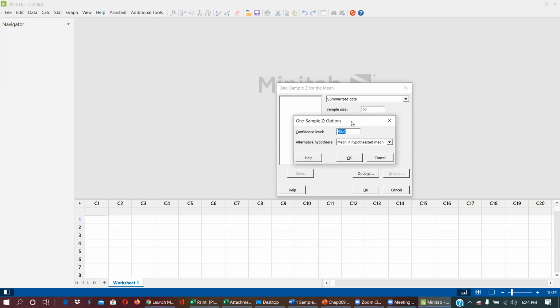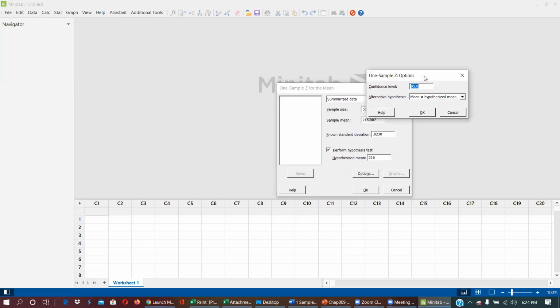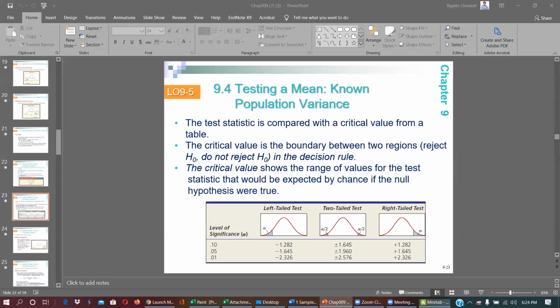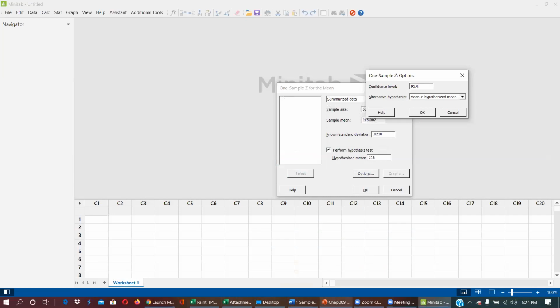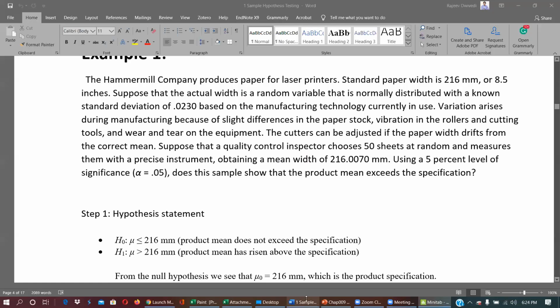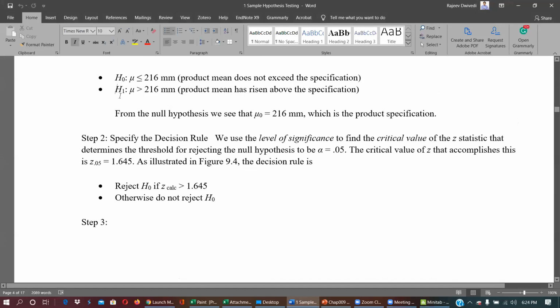Now it is asking for 95% confidence. Here is the catch. Can you see? This is not the null hypothesis. This is an option for the alternative hypothesis. So the null hypothesis is less than, but the alternative hypothesis says mean is greater than the hypothesized mean. So what is the alternative hypothesis?